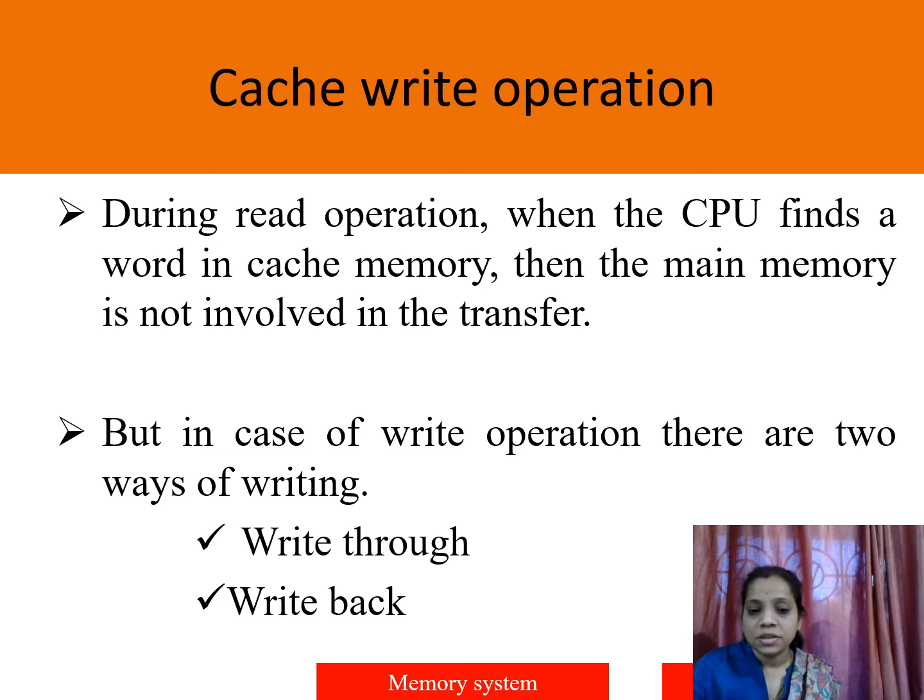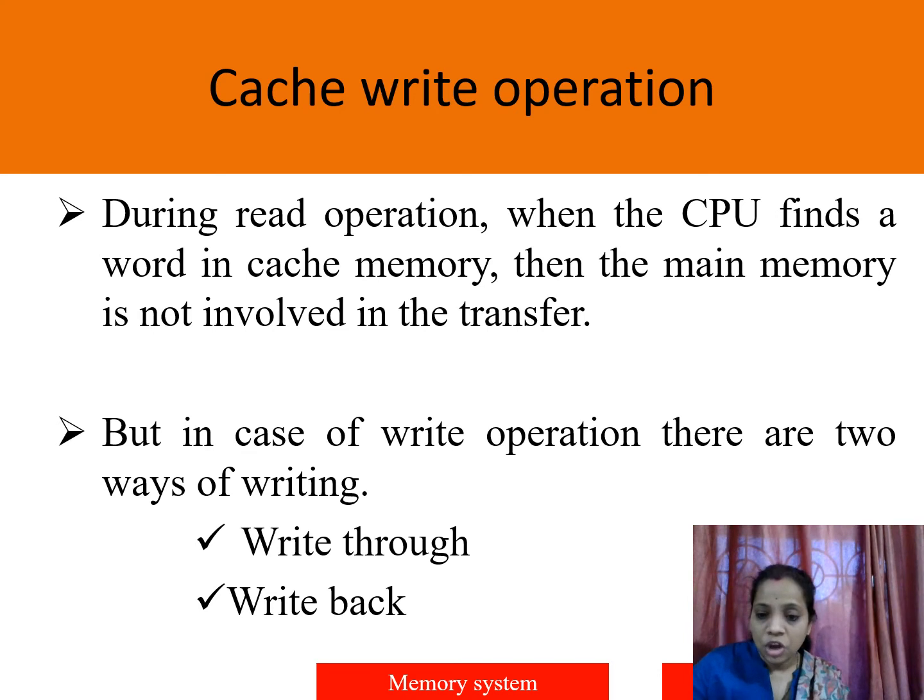We have two ways, or two approaches, for the writing operation. One is write through, another is write back. We will go by the meaning. Write through means that at the same time, the cache memory and the main memory should be written at the same time.